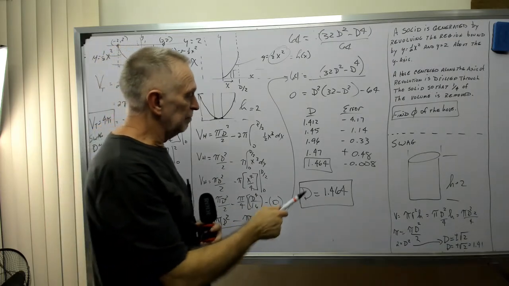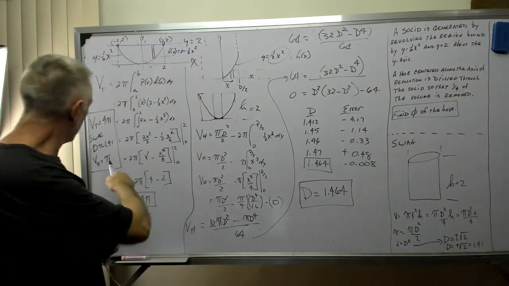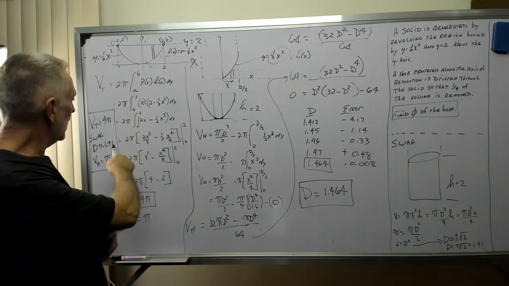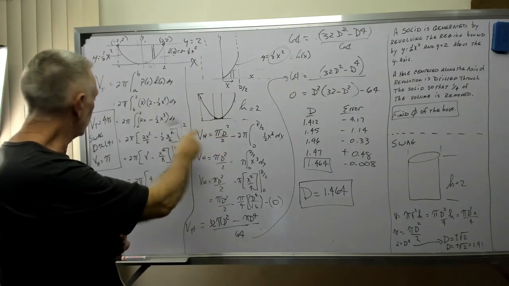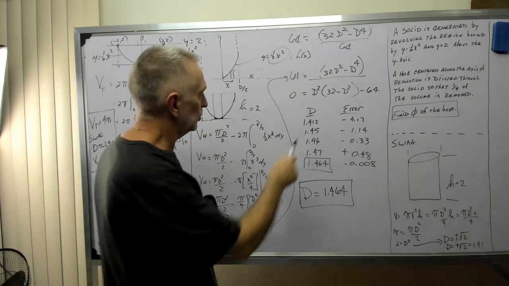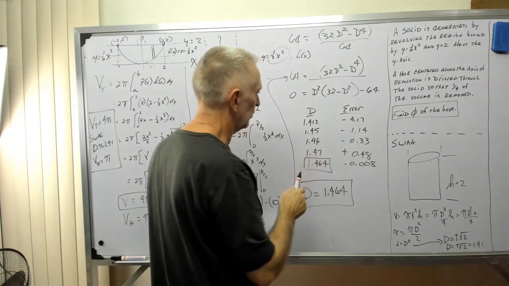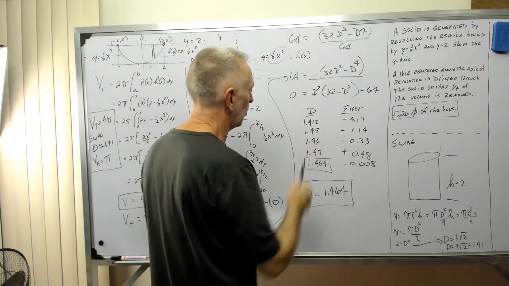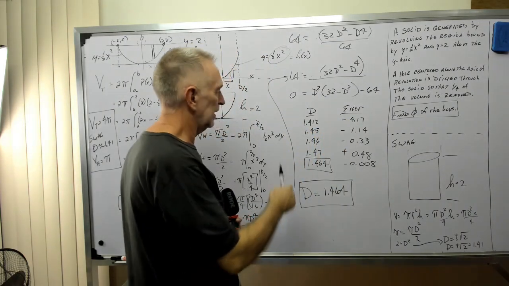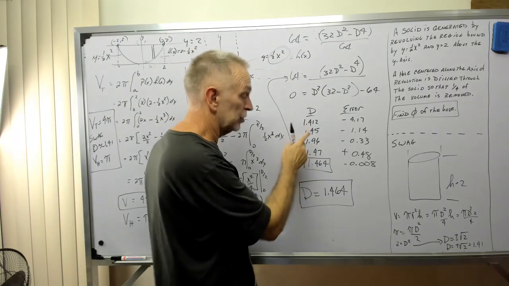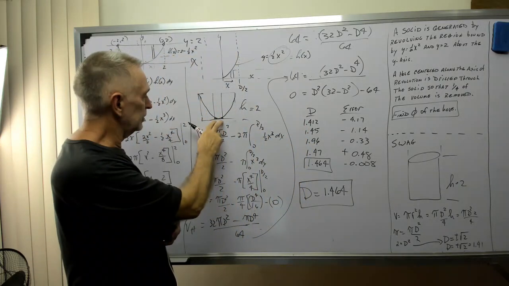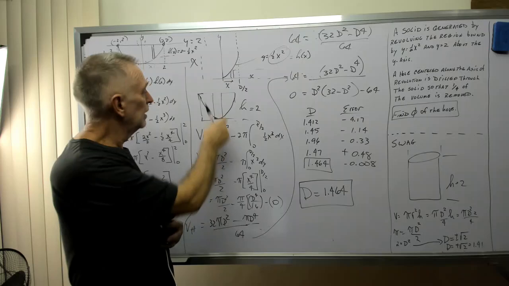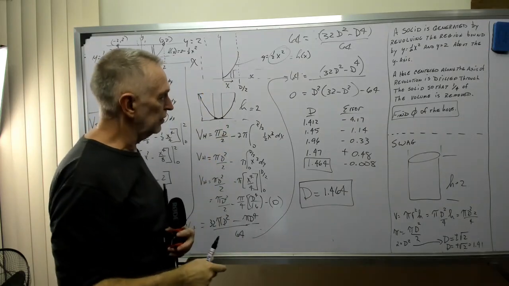Now, I put in my swag number. Remember my swag for the diameter, if it was a total cylinder, was 1.412. I ended up with an error of minus 4.17. I needed to increase the diameter, which we thought we would have to because that volume was not included in the overall cylinder.